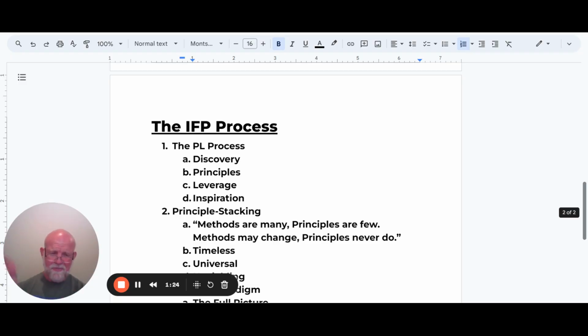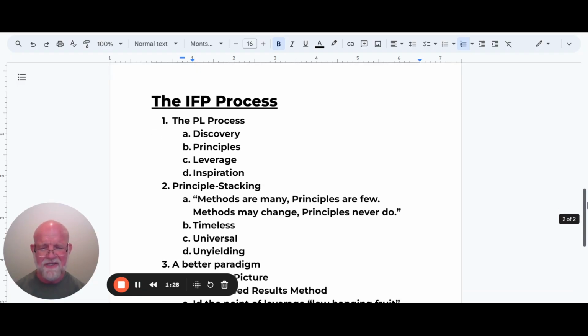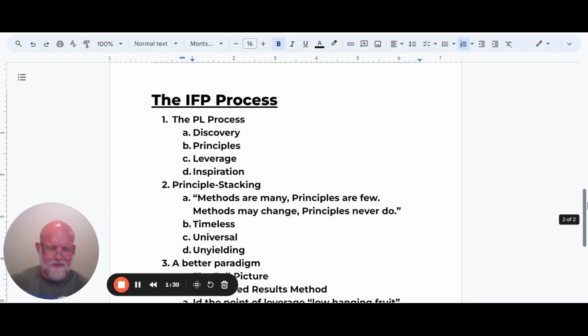So in the previous video, I talked about the PL process. That's basically the initial element of discovery, where I'm looking for evidence of principles and points of leverage that can serve you.